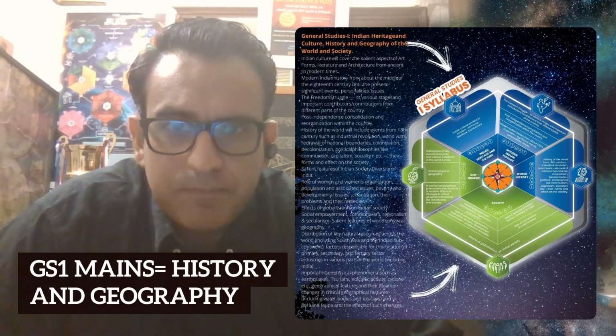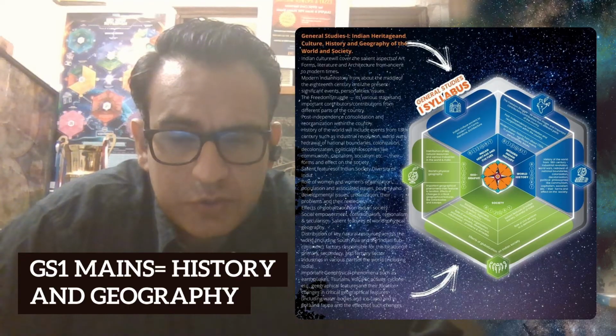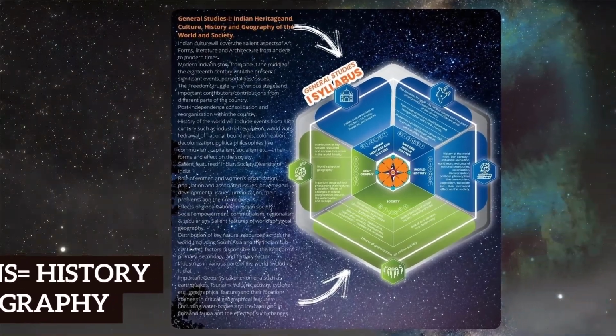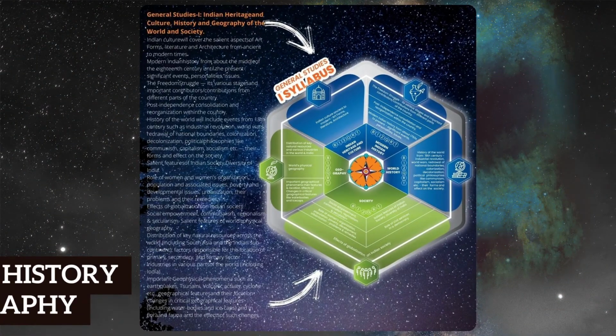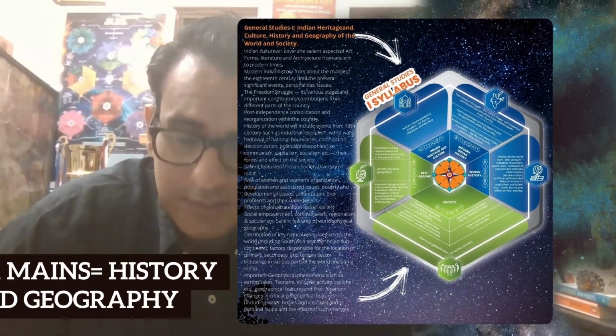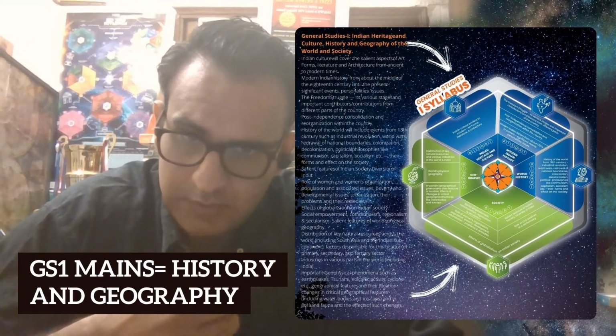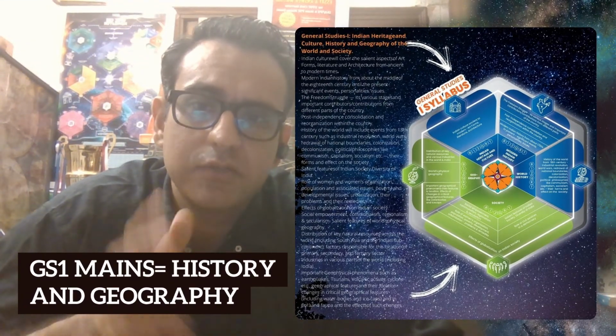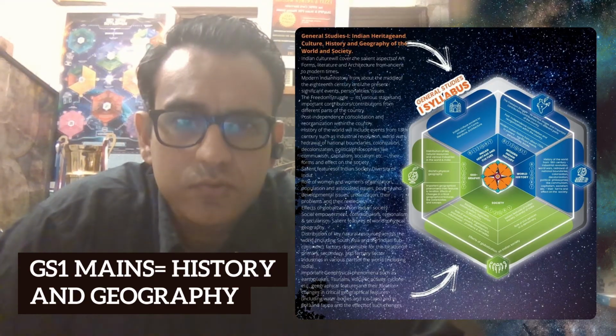Take the mains examination, for instance. What you see here in the diagram in this image is the General Studies 1 syllabus, which essentially constitutes history and geography. And the reason that it has been color-coded, you can see the syllabus listed out, and you can see the syllabus then transposed into that diagram.